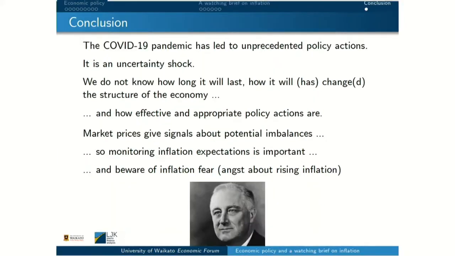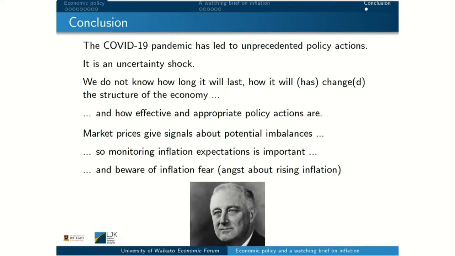So I'll wrap up there by saying, in conclusion for both Iris and I, the COVID-19 pandemic has led to unprecedented policy actions. It's an uncertainty shock, and therefore we don't know how long it's going to last and how it already may have or will change the structure of the economy, and therefore we don't necessarily know even now what the appropriate policy actions are or how effective they might be.